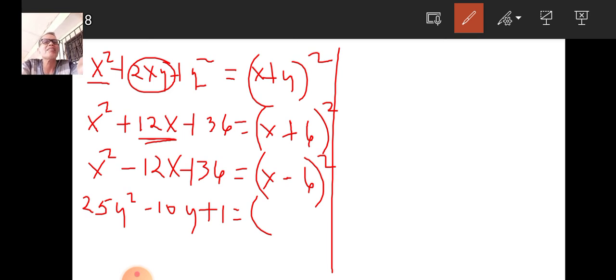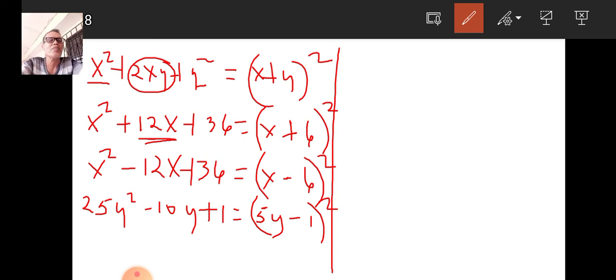Get the square root of 25y squared. The square root of 25 is 5. The square root of y squared is y. The middle term is negative. The square root of 1 is 1, quantity squared.